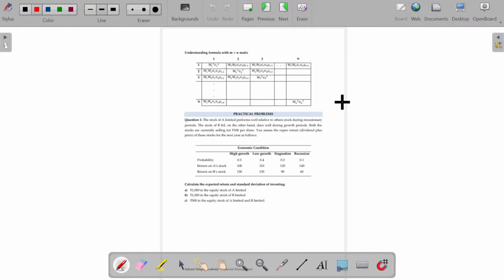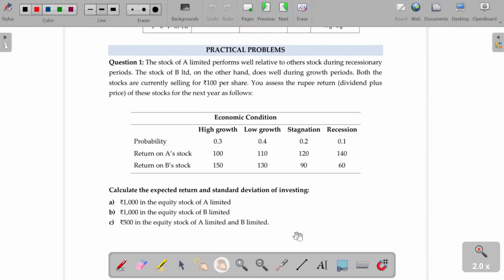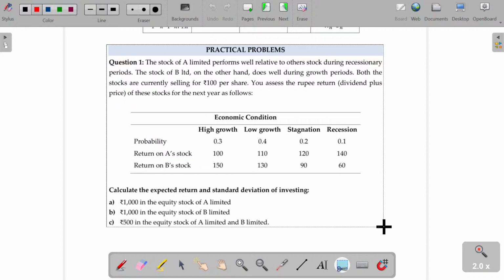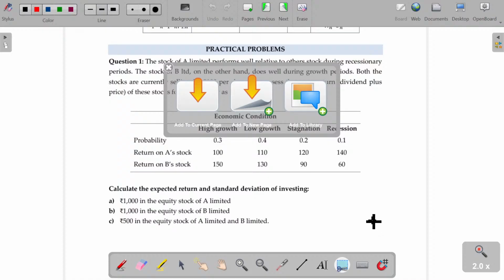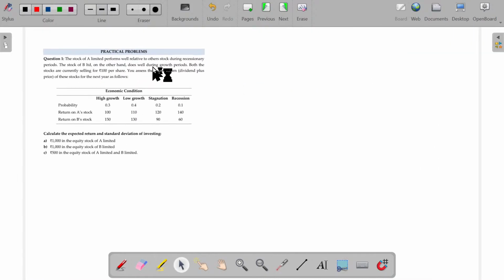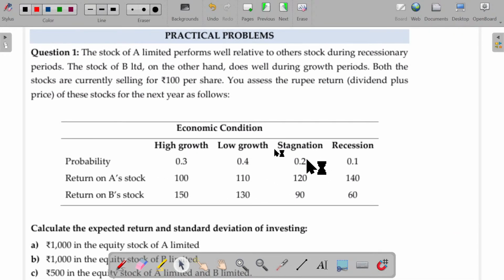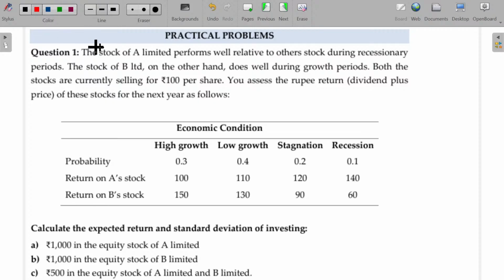Now, let's start with question number 1, practical problem. The stock of A Limited performs well relative to other stocks during a recessionary period.